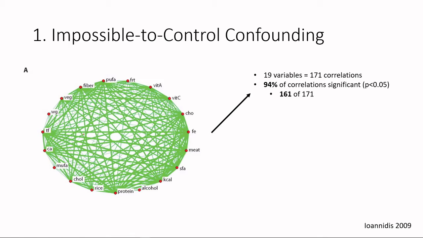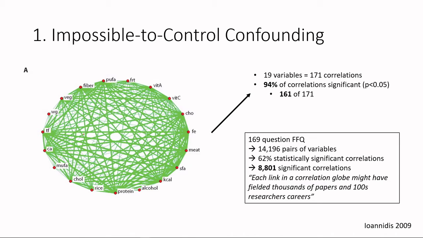94% of the correlations between these 19 continuous variables were statistically significant with a p-value of less than 0.05, for a total of 161 significant correlations. Dr. Ioannidis had another great point about a 169 question food frequency questionnaire. In such a questionnaire, there are 14,196 pairs of variables.